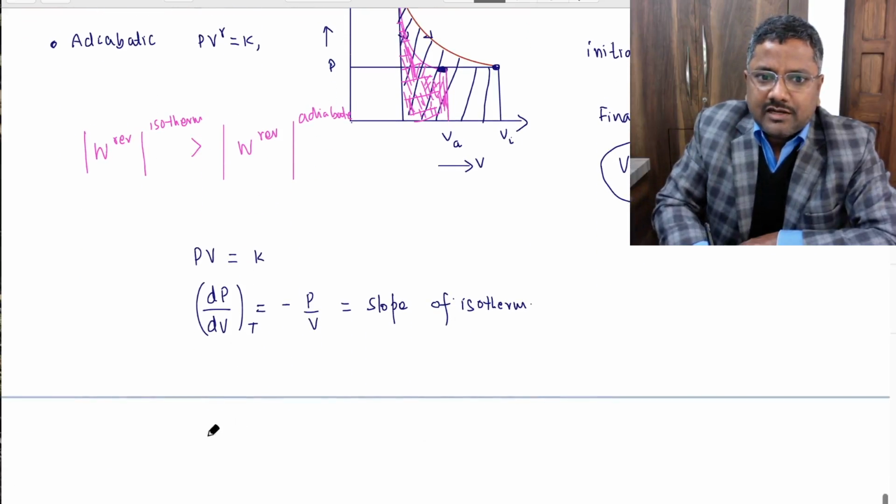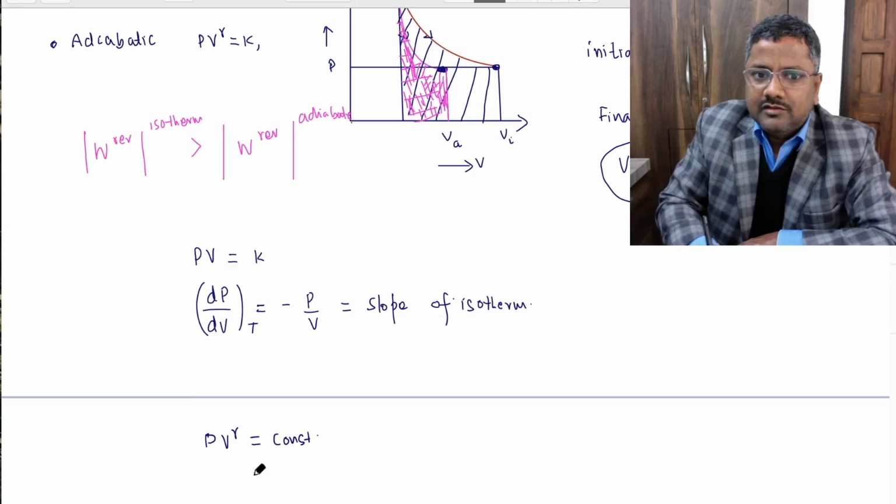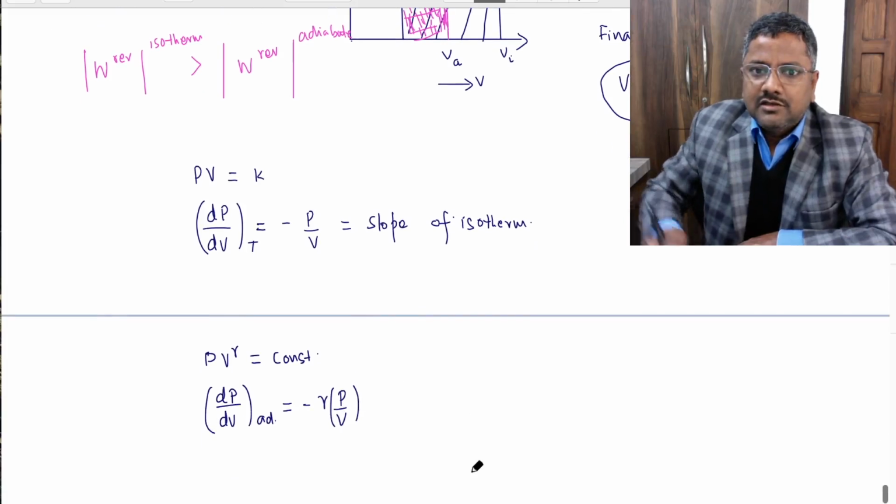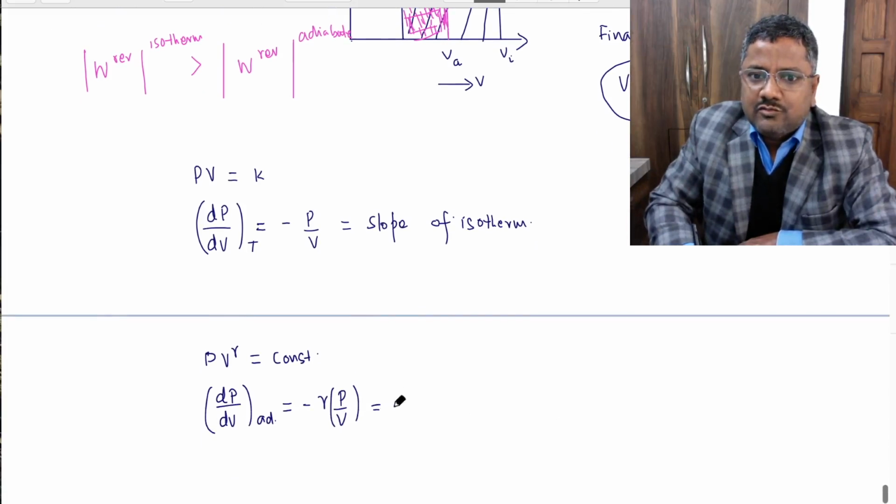And for the adiabat, PV to the power gamma is equal to constant. So dP by dV for the adiabat is equal to minus gamma into P by V, which is the slope of the adiabat.